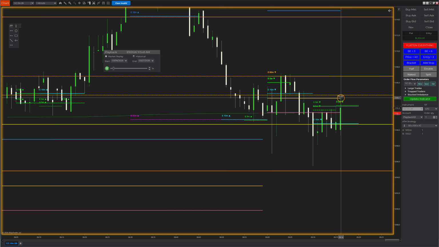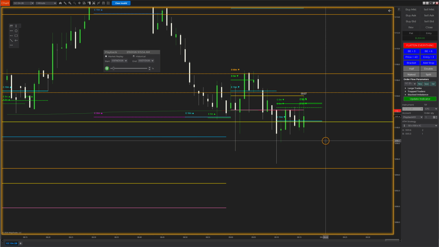I got another signal with a green bar. Jeez. It did close below that 4 hour here, but right before that we had this really long wick. I don't know. I'm gonna wait for the next signal.